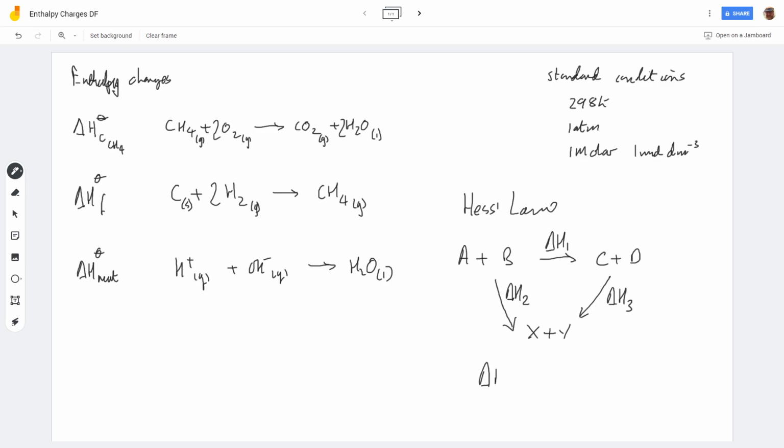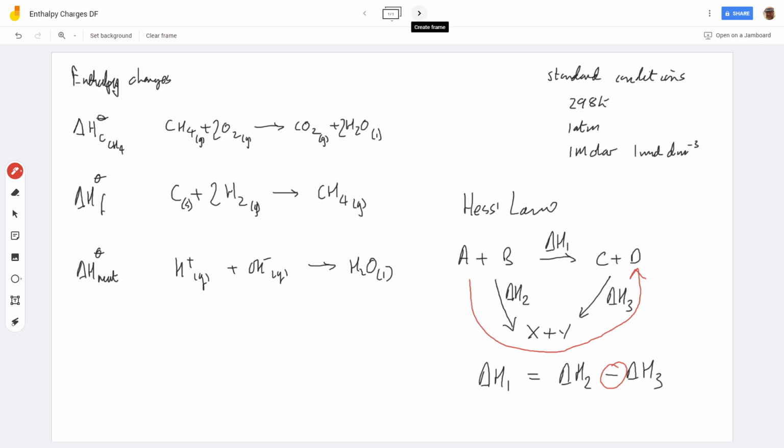So delta H1 equals delta H2 minus delta H3, because what we've basically done is go round like that. Okay, so we've gone in the direction of delta H2 and we've gone in the opposite direction of delta H3, so that's why we've got this minus sign here. So that's some sort of basic concepts really.